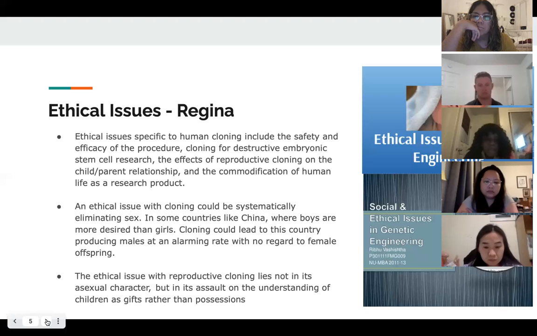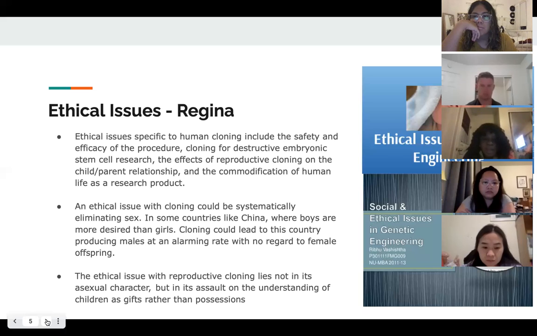Another ethical issue with cloning could be the systematic elimination of one sex or gender. In some countries like China, where boys are more desired than girls, cloning could lead to this country producing males at alarming rates with no regard for female offspring.